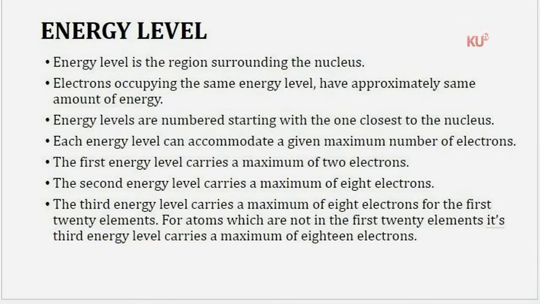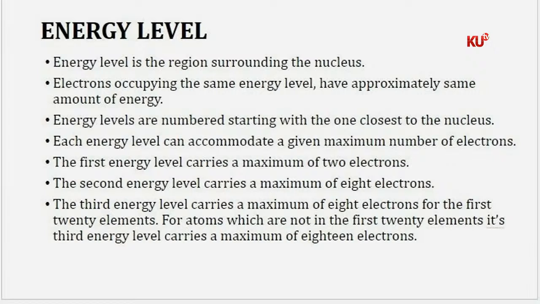We can see from the screen that when we are talking about the energy levels, we number them starting with the one that is closest to the nucleus as we move outwards. The one that is immediately after the nucleus is our first energy level.